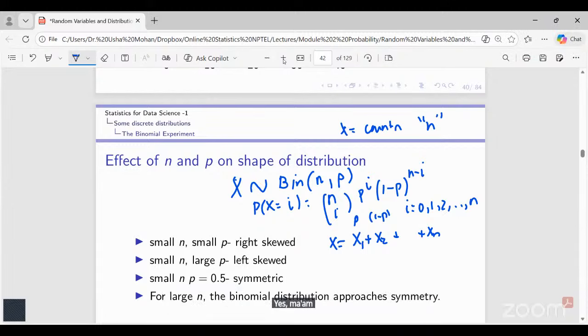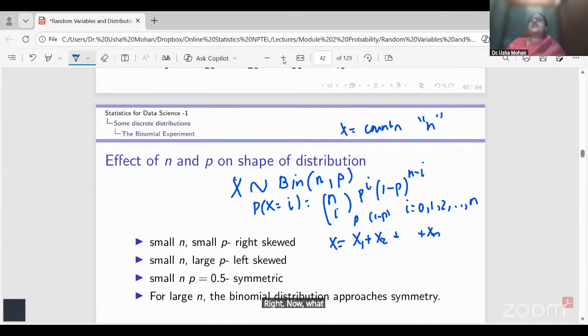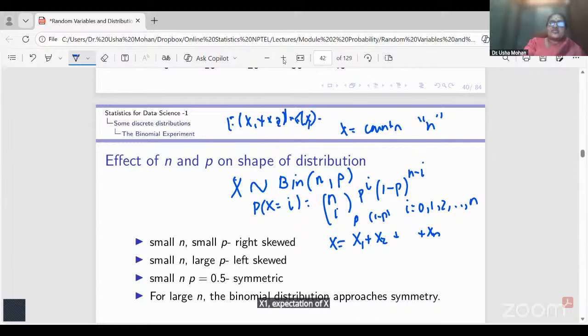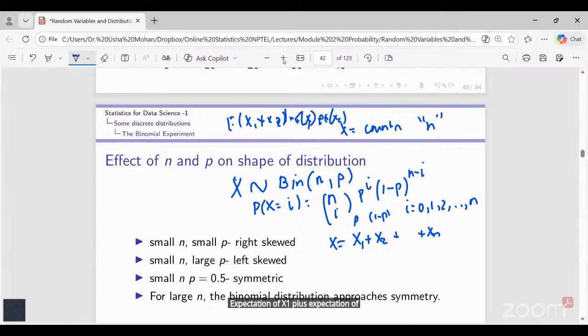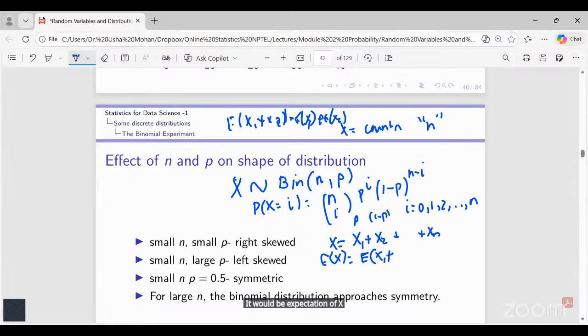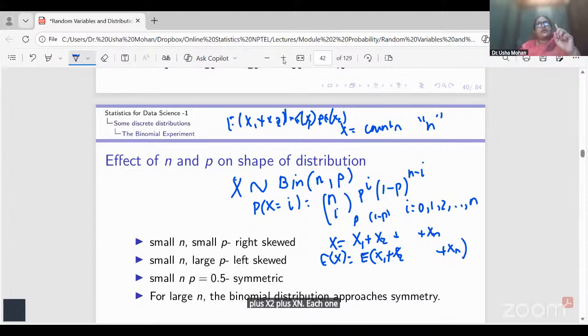Right. Now, what is the expectation of x1 plus x2? It is the expectation of x1 plus the expectation of x2, right? So what would the expectation of x be? It would be the expectation of x1 plus x2 plus up to xn. Each one of them is a Bernoulli random variable.